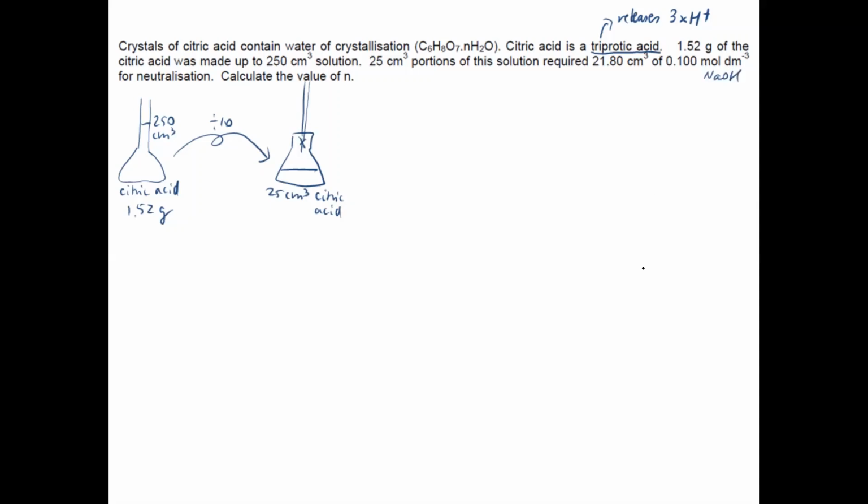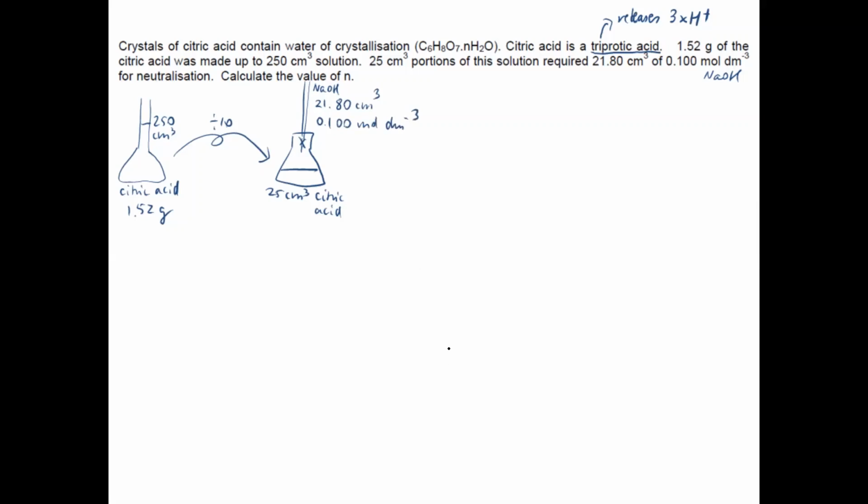It should say NaOH, as normally it is NaOH that we use in an acid-base titration, so my guess should be as good as any other. So here we have my NaOH, volume 21.80 centimeter cubed and 0.100 mole per decimeter cubed. And they want us to calculate the value of n.